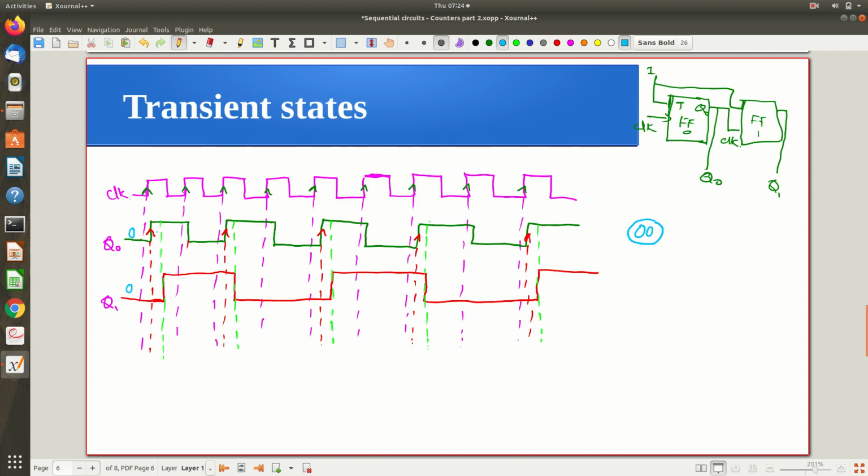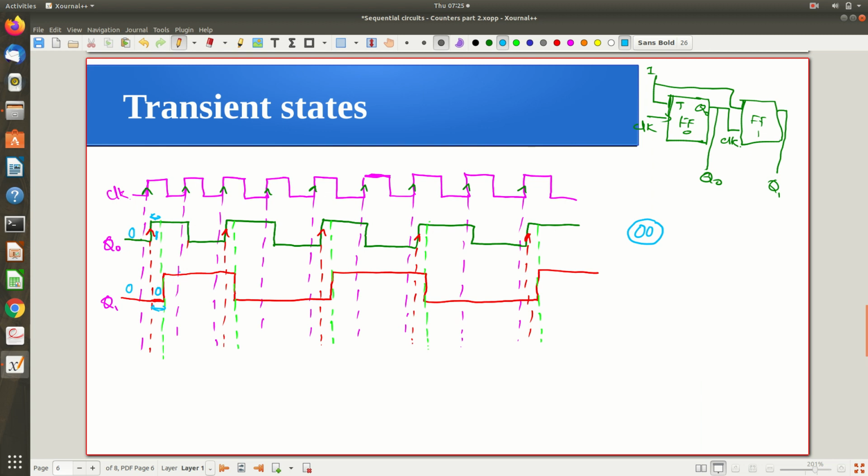So this Q0 is changing to 1, right? But during this small duration of time, which is very much negligible compared to the actual time period, okay, so it's a very small time, during this small period of time, which I highlighted like this, Q0 is changing to 1, where Q1 is retaining that 0. It's not updated.